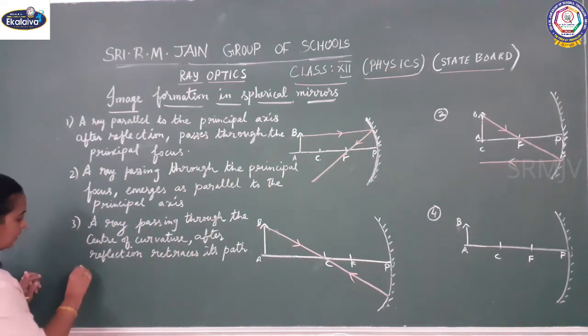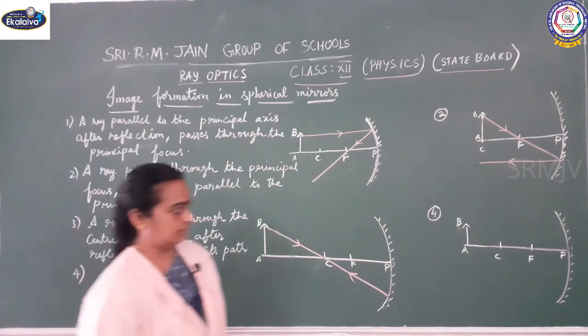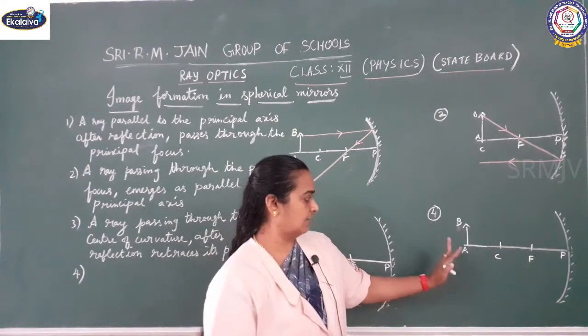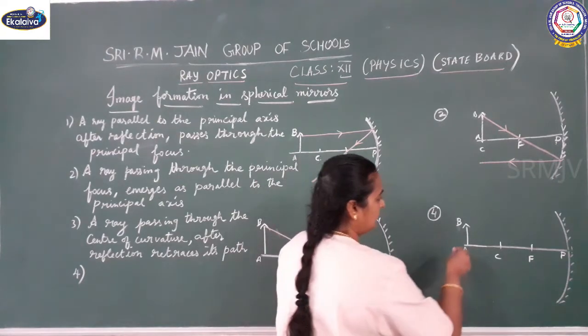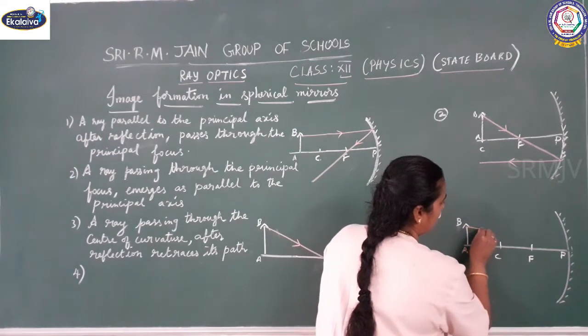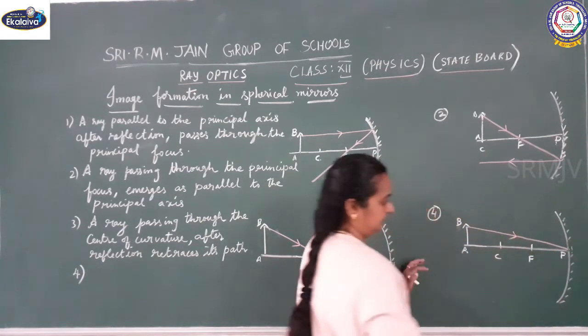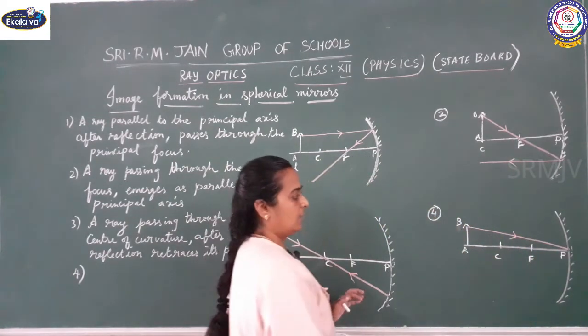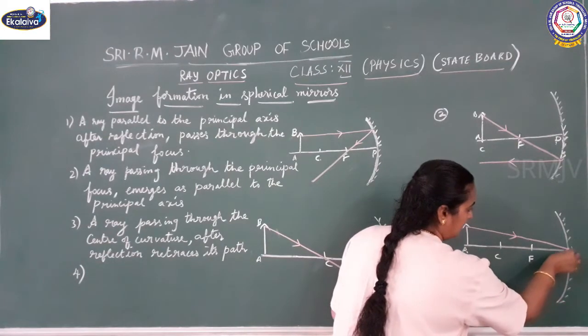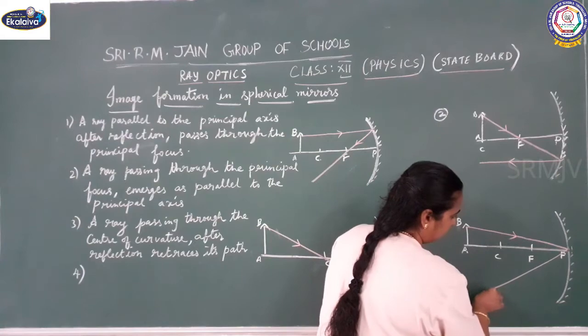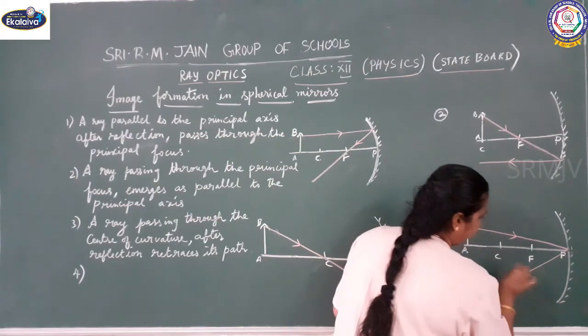Okay. Now let us move on to the last rule. Here once again the source is here. Now I am allowing the incident ray to be incident at the pole. The incident ray gets reflected as per the law of reflection.